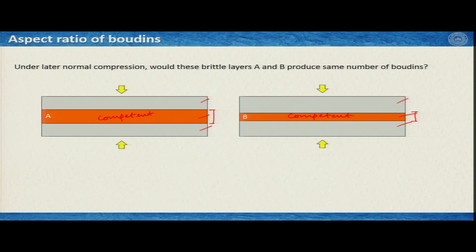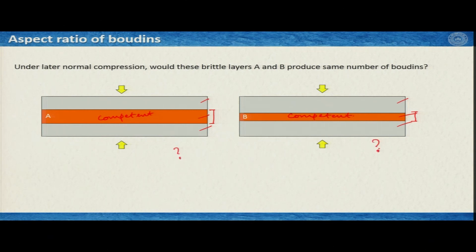Now, if there is layer normal compression of very similar magnitude, similar deformation rate and so on, then I would like to ask you the question, what is the expectation after a finite time of deformation, when the boudinaging is going on, where would I form the maximum number of boudins, in this case or in this case.